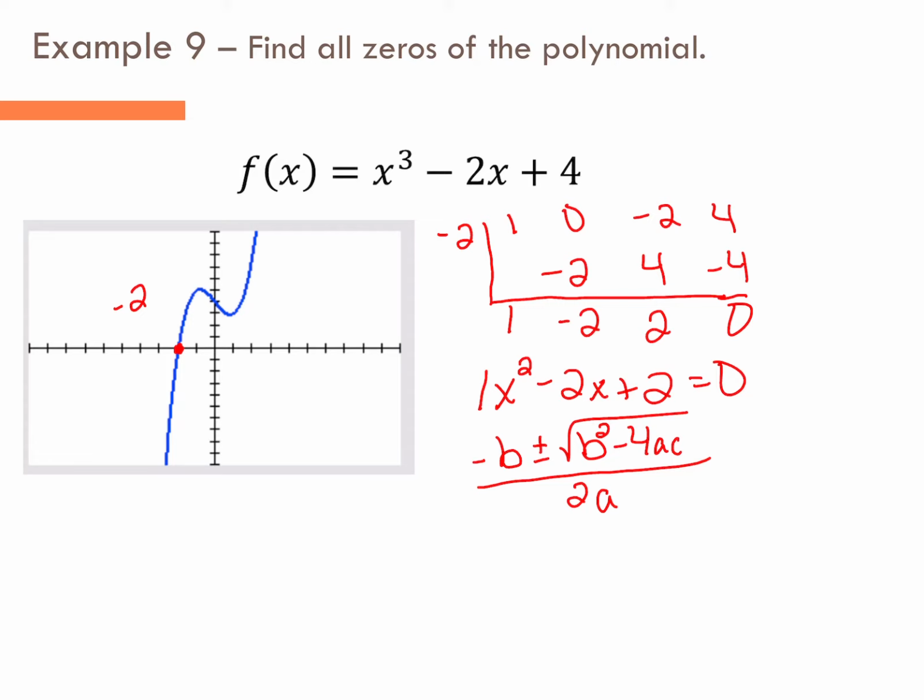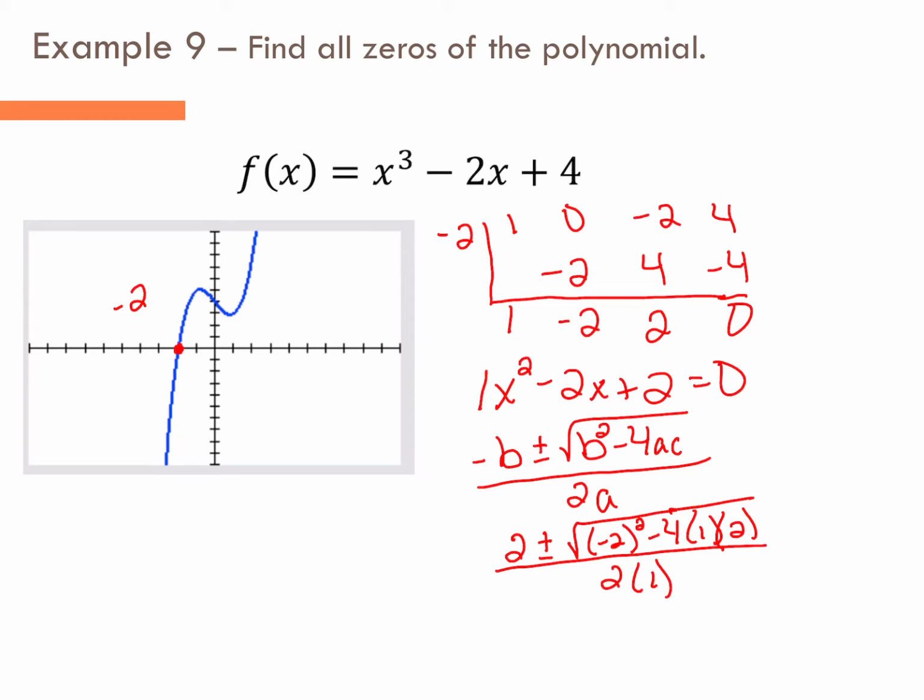So -b with a -2 makes that a +2. And then in here I would have my b squared, so we would have -2 squared minus 4 times my a times my c, all underneath the square root, all over 2 times my a, which is 1.